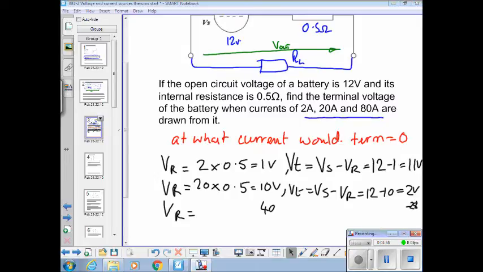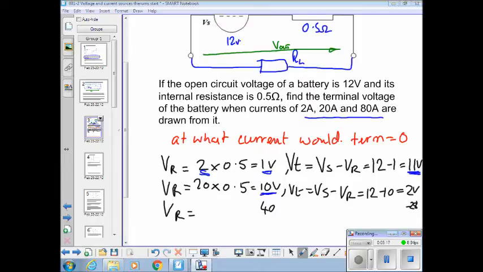So our calculations say here, at 2 amps, we're calculating the volt drop across the internal resistance as 1 volt, leaving us 11 volts at the terminal.